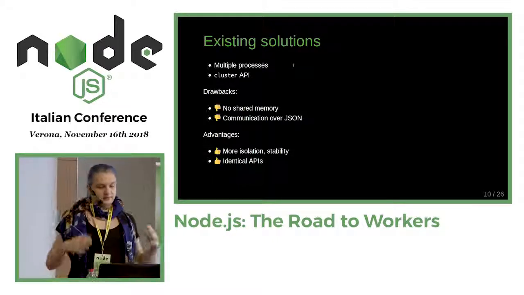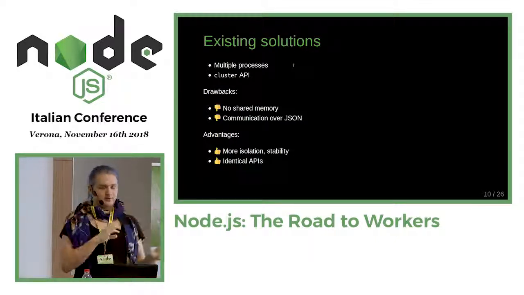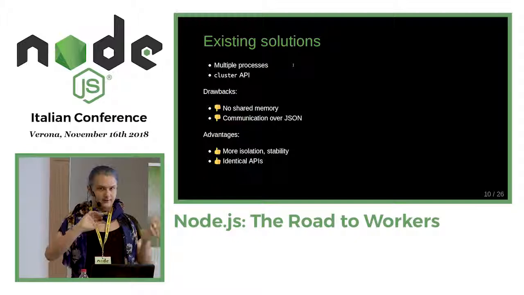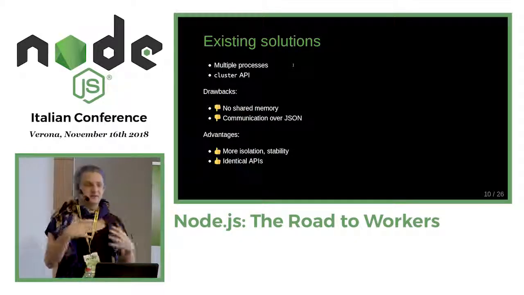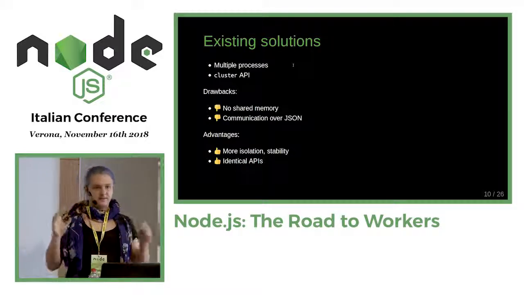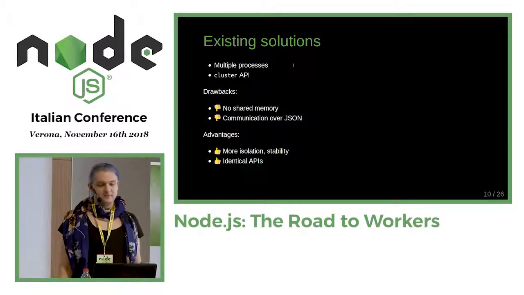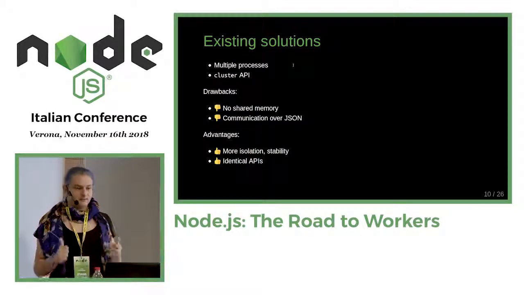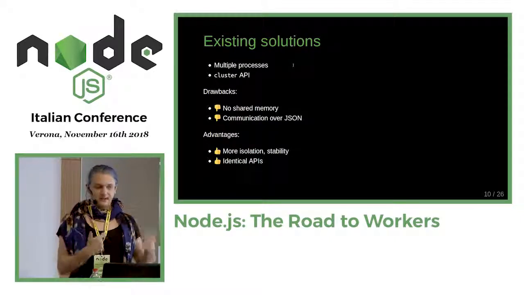And you get some stability, because a crash in one of the processes won't tear down the entire set of processes. And because it's basically one single node process every time, you can provide the exact same APIs and everything. It's easy. The downside of that is mostly that you can't share memory, and for some scenarios you want that.